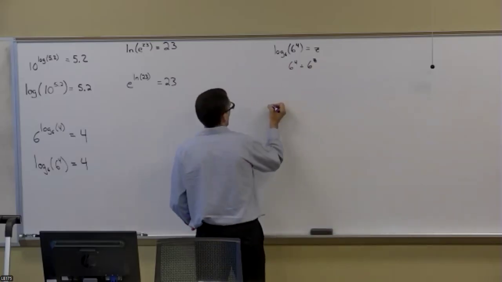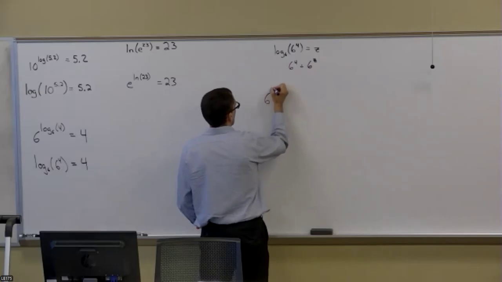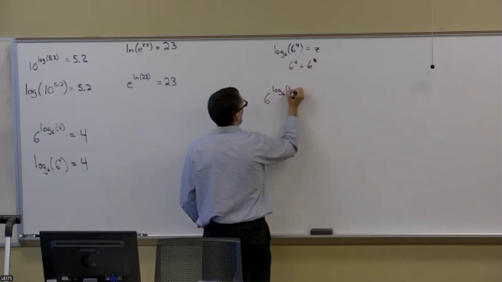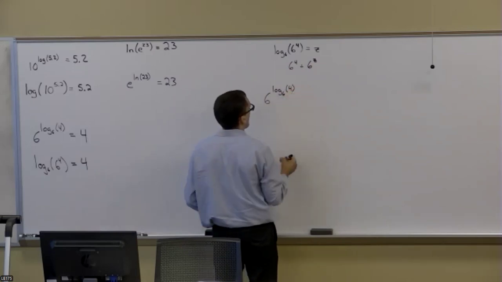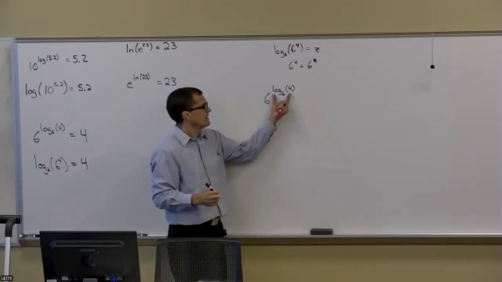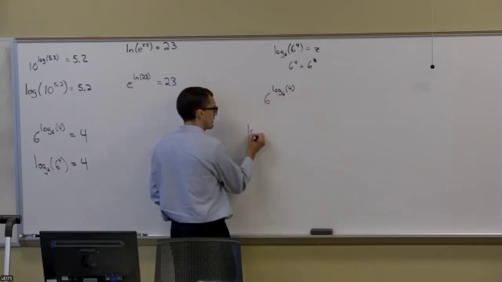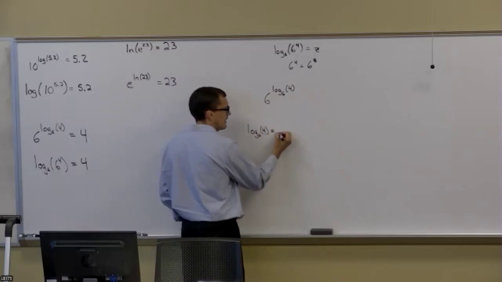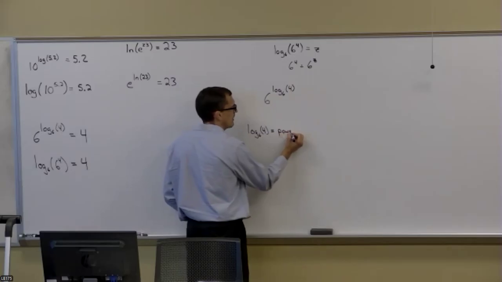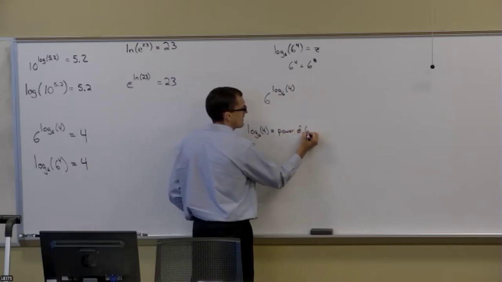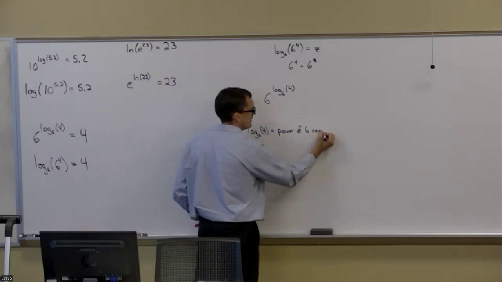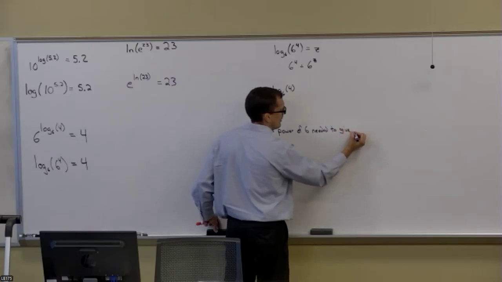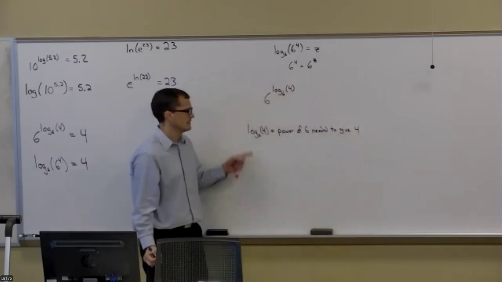The other way is a little bit harder to comprehend. This log base 6 of 4 is the power of 6 needed to produce a 4.